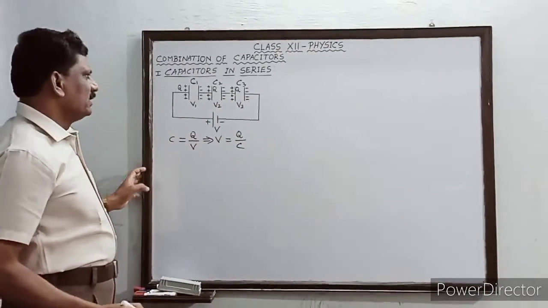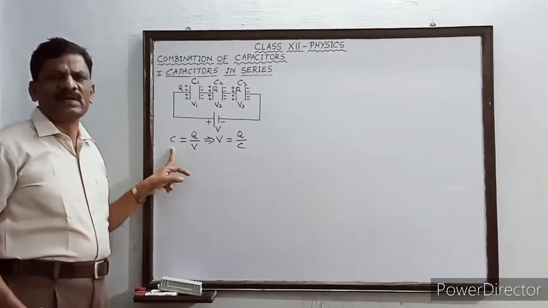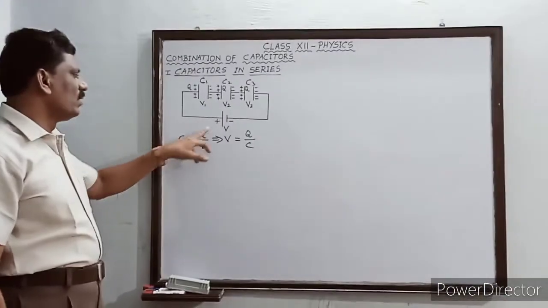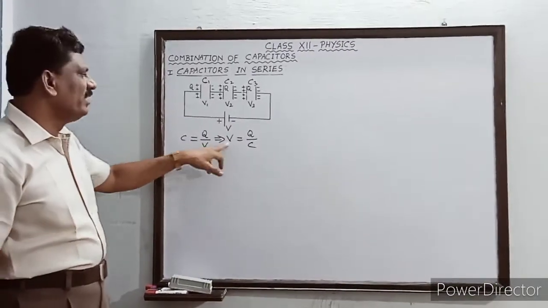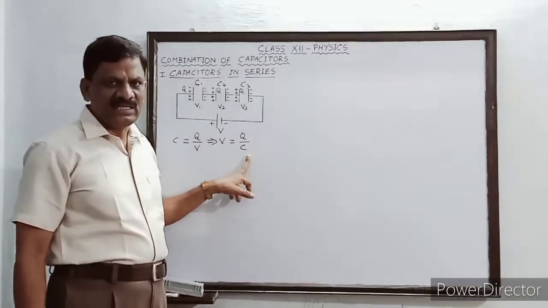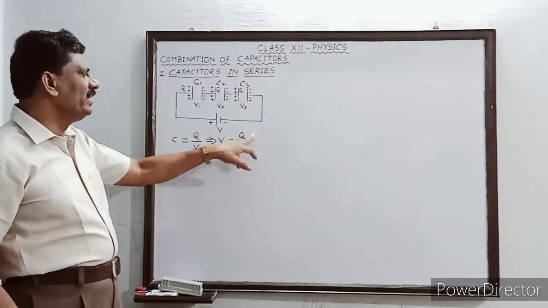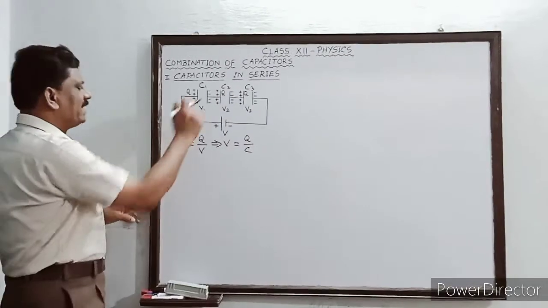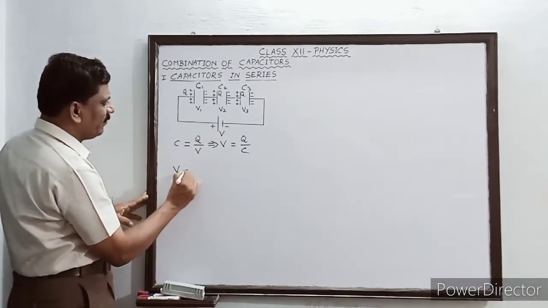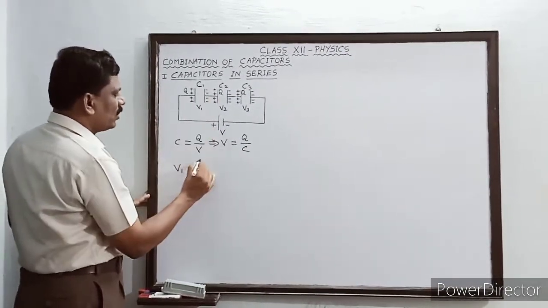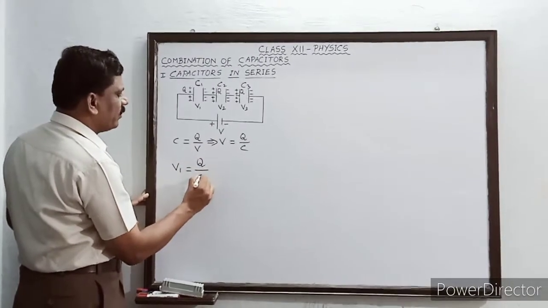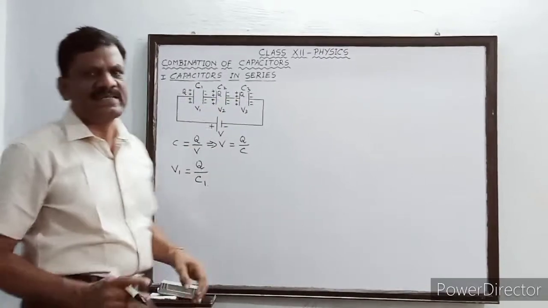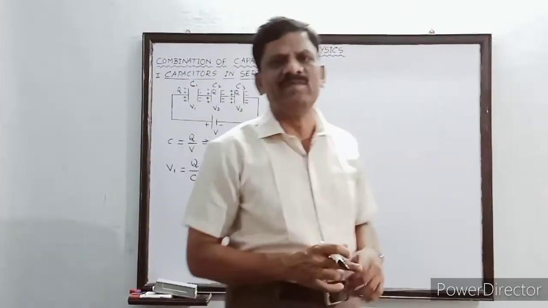Okay. Now, we have earlier derived the expression for the capacitance of a capacitor. By definition, C equal to what? Q by V, or V equal to Q by C. Apply this equation V equal to Q by C for each capacitor. So, for the first capacitor, V1 is equal to Q divided by C1. Now, in each and every plate in series combination, the same quantity of charge only will be stored.